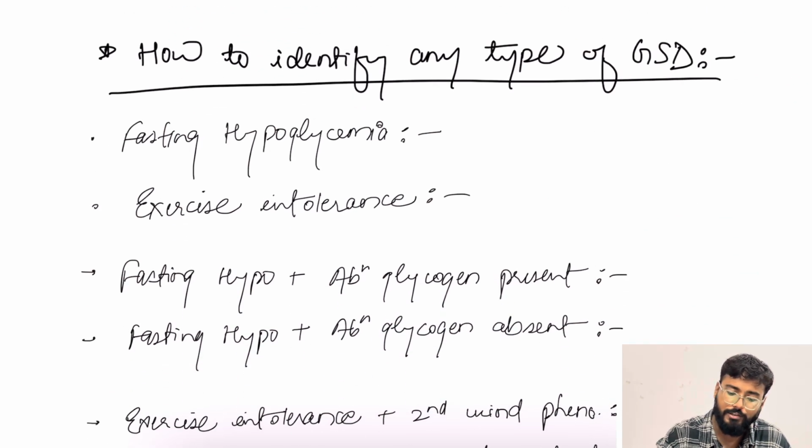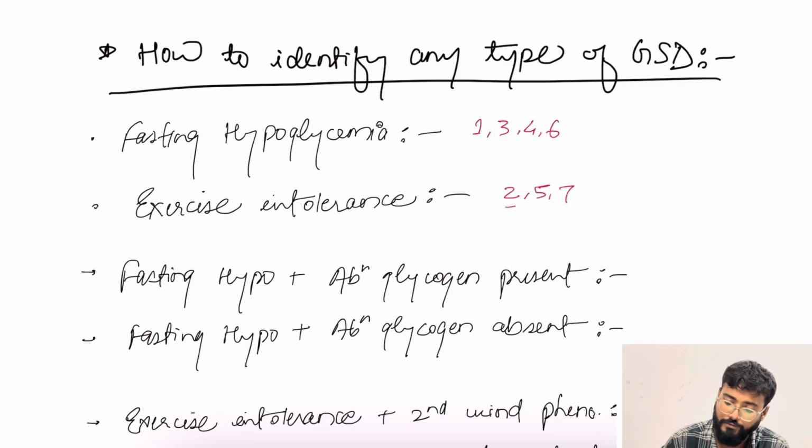Now let's discuss how you can identify and eliminate any type of GSD. So if there is fasting hypoglycemia, straight away it is either 1, 3, 4 or 6, and if it is exercise intolerance, it is your 2nd, 5th or 7th. Second, we will not consider, but still.